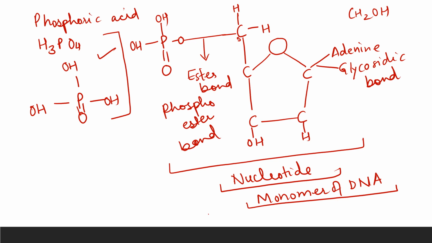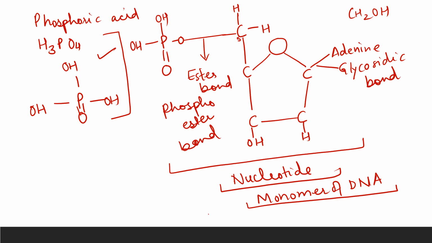Then we join the nitrogenous base with the deoxyribose sugar, and we made the structure that comes out to be a nucleoside. Now you need to remember, this is a question of NEET, your entrance exam. They may ask you what is the difference between a nucleotide and a nucleoside.